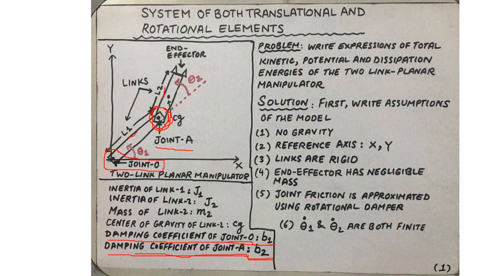In order for this planar manipulator to perform some useful task, the other end of link 2 is connected to what we call the end effector. In this case, the end effector is shown to have a gripper-like shape through which it can perform some useful task such as pick and place that is very common in industrial application and settings.